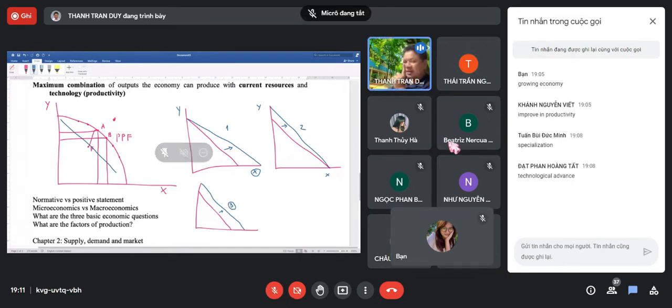Yeah, but that's not productivity. That's not productivity. I want to know the keywords here. You can Google why PPF curve is not a straight line. Why PPF curve is a bow shape.